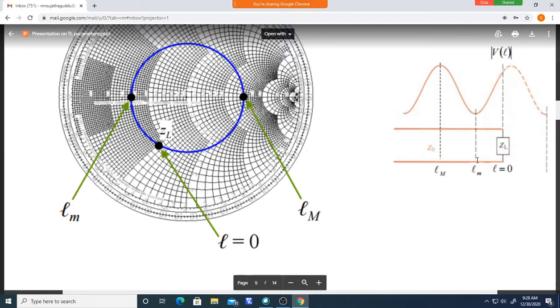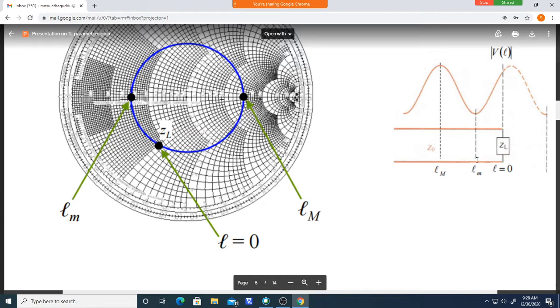That is called the first minima. While moving away from here, impedance becomes minimum at this position, so that is called the first minima, and its distance from here to here is lm.